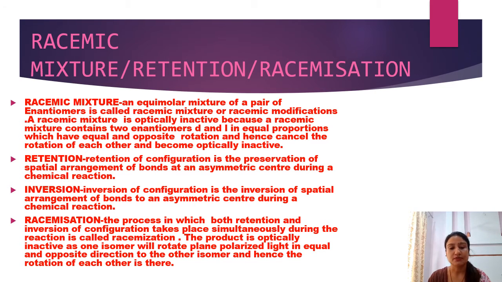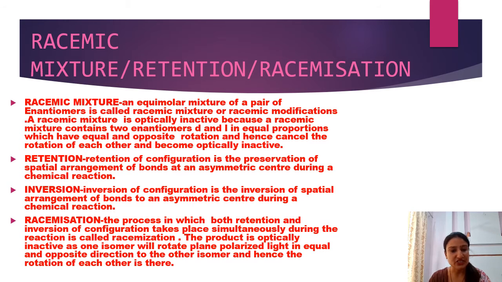Next is retention. Retention of configuration is the preservation of spatial arrangement of bonds at an asymmetric center during a chemical reaction. Inversion. Inversion of configuration is the inversion of spatial arrangement of bonds at an asymmetric center during a chemical reaction.